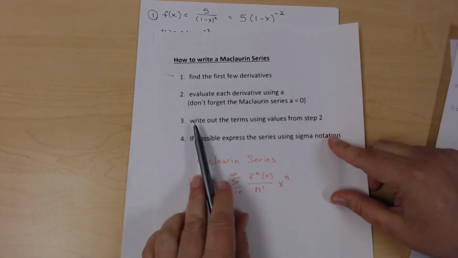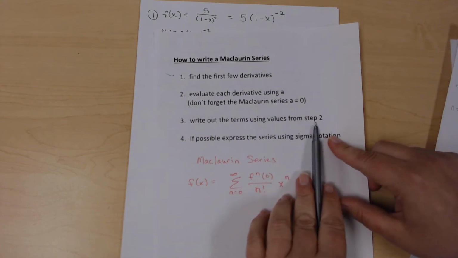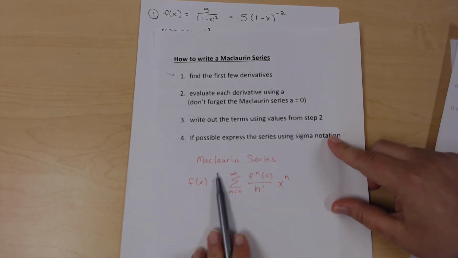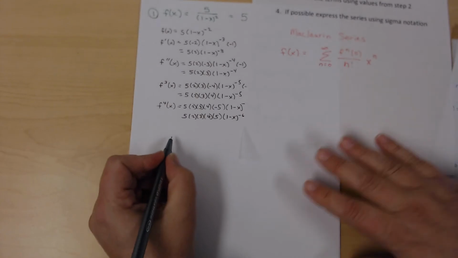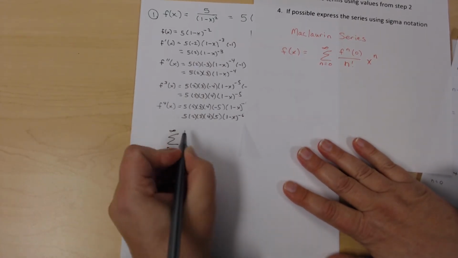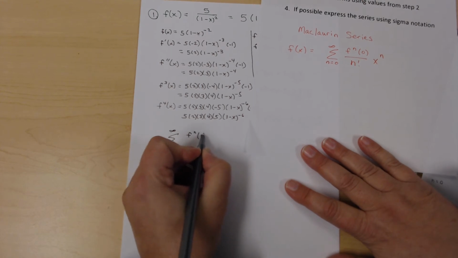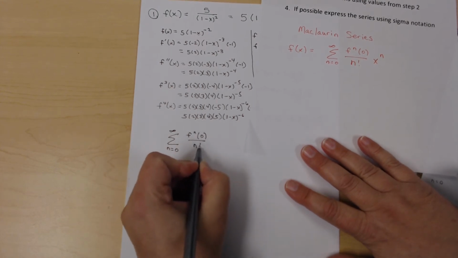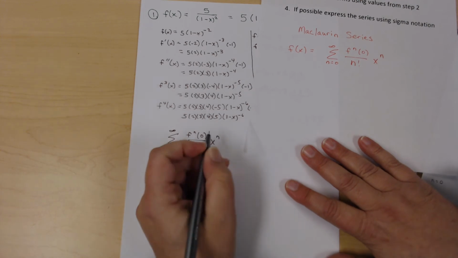We did that. Write out the terms using the values from step 2. So let's rewrite it. We're using n equals 0 to infinity, f of n, we plugged in 0, and then it's n factorial, x to the n.